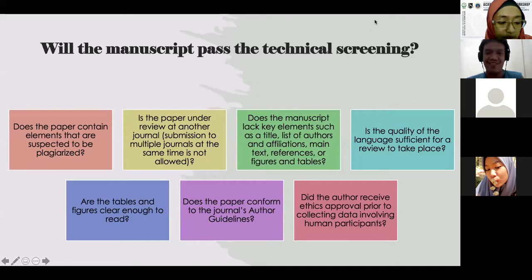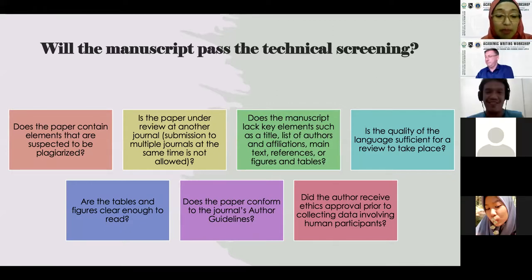And then fourth is we have to make sure our paper is interesting enough. It has good values for the readers and for the researchers. Make sure we can find the gap and novelty from the paper that will be submitted to the journal.